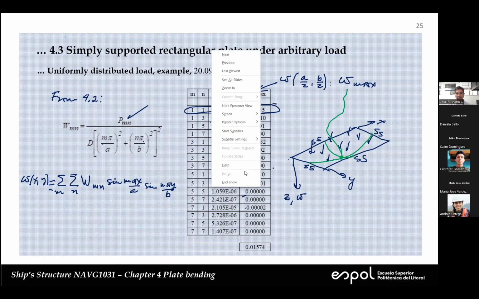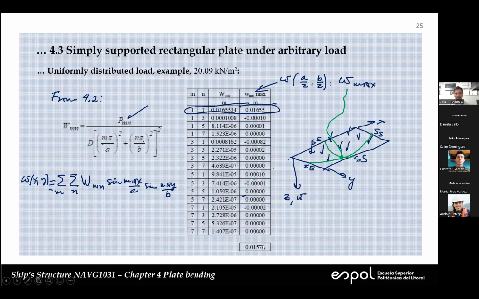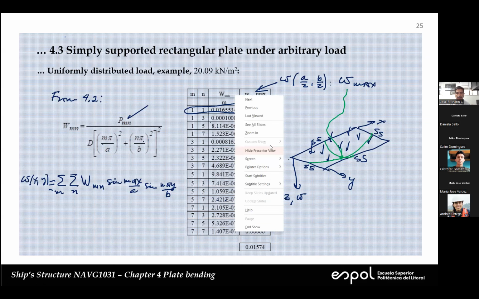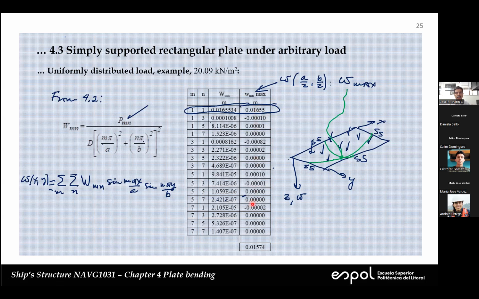Okay, before we go on, I'm sorry. Here we have the summation of each one of these terms. We have this summation here, we have it here. And you see that if I take this value, and this one here, you get very close to this.